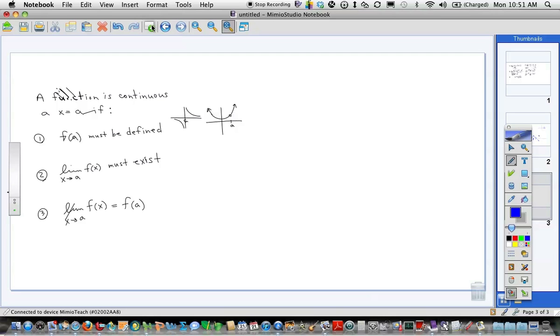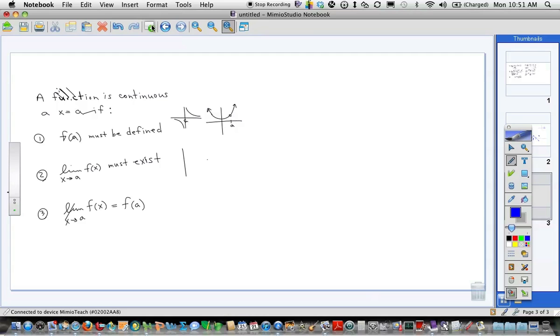The car would fall through the hole as it was driving along. The limit exists on this one, right? It's wherever that hole is, but it's discontinuous. You have to lift your pencil or whatever. But the reason is because the function is undefined there. All right. Those are probably the two main ones. So these are both discontinuous because they violate number 1.